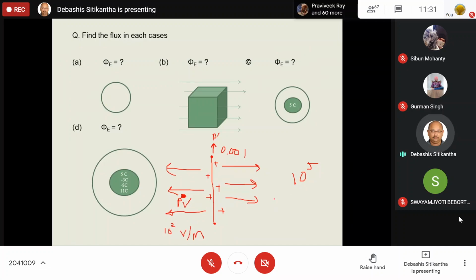For example, suppose I say 1 plus 0.0001. Let us square it. If you square it, you are approximately getting 1. Why? Because in comparison to 1, 0.0001 is a very small quantity which we can, to a good assumption, neglect.